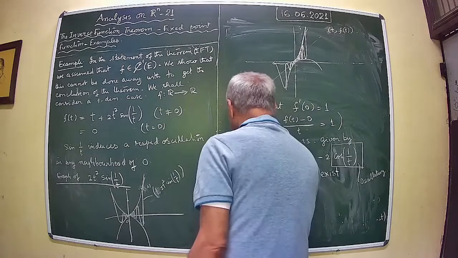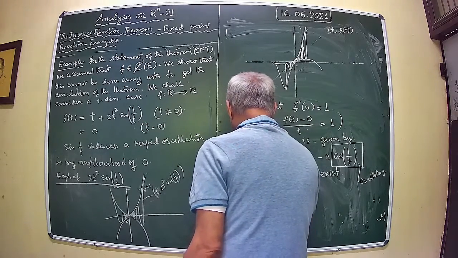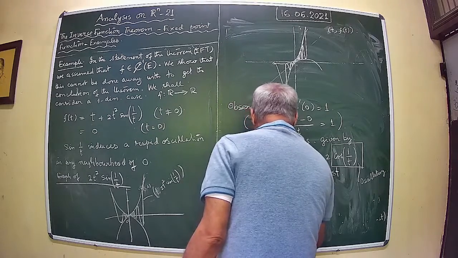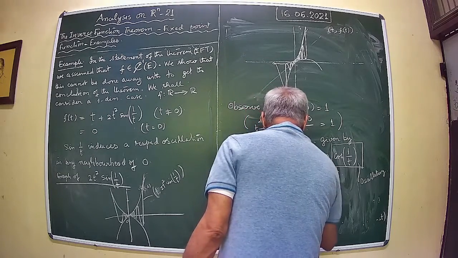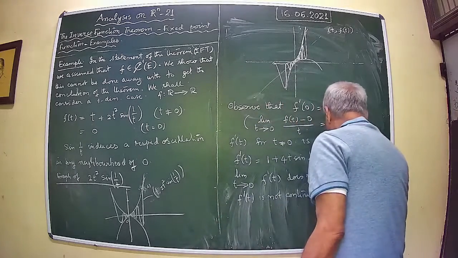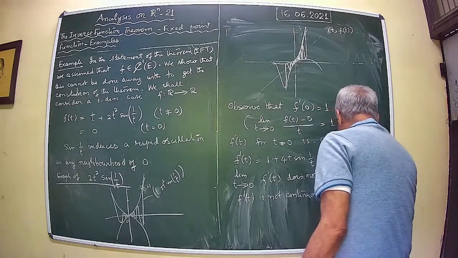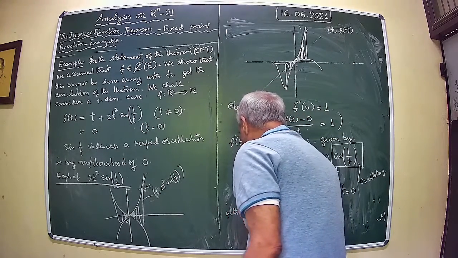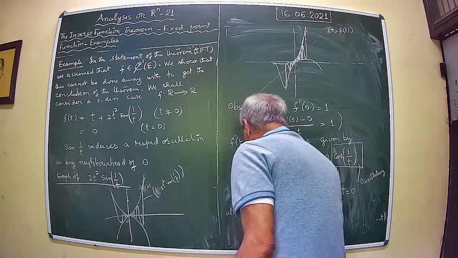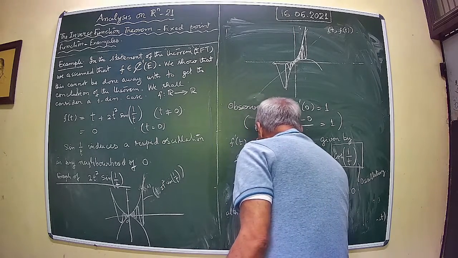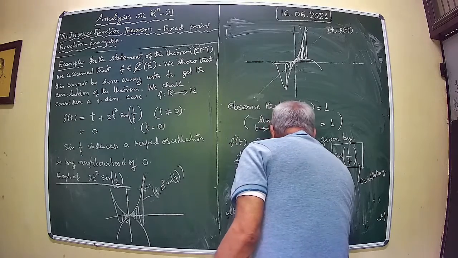Therefore, f dash t is not continuous at t equal to 0, although it exists for all t.